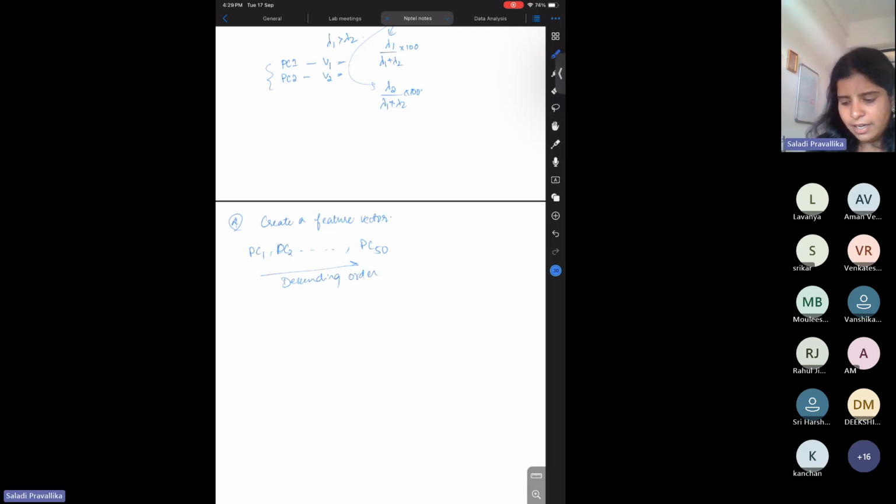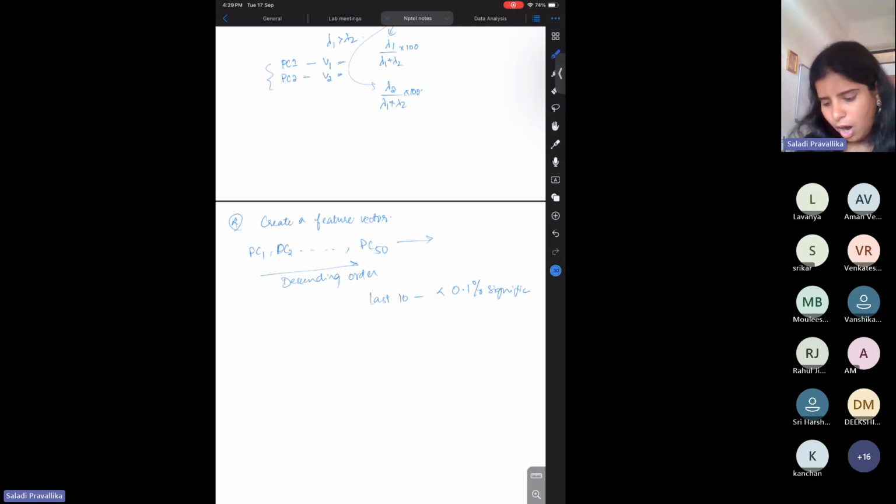Okay. And at the end, the last 10 were giving less than 0.1% significance or something. Now, I have to come to a decision on how many I should remove out of this 50. The main goal of PCA is dimensionality reduction, right? From 50, I have to reduce my dimensionality to some extent.